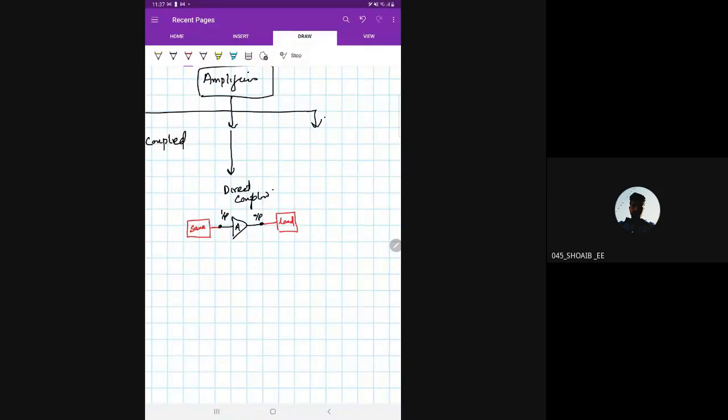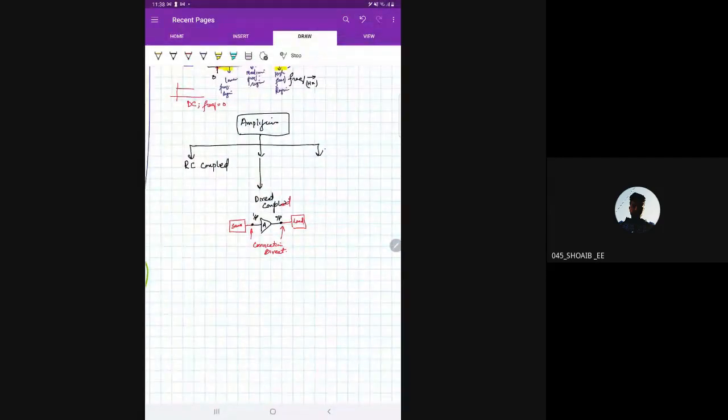Now see, here the source is connected directly. Connection is direct. So that is known as directly coupled amplifier. Here the source is connected directly and the load is connected directly. The connection is direct. That is why it is known as directly coupled amplifier.